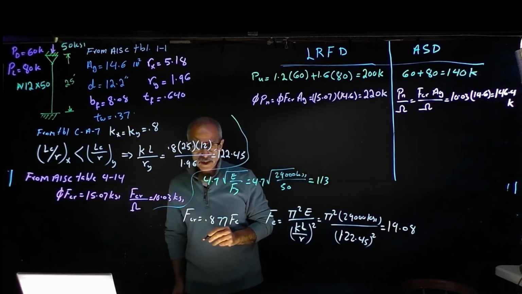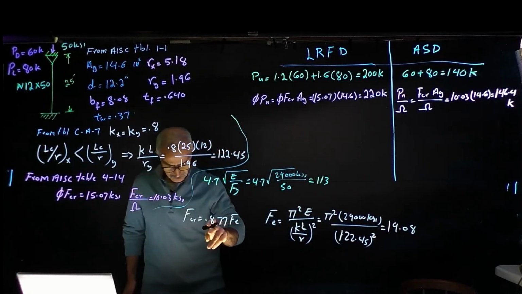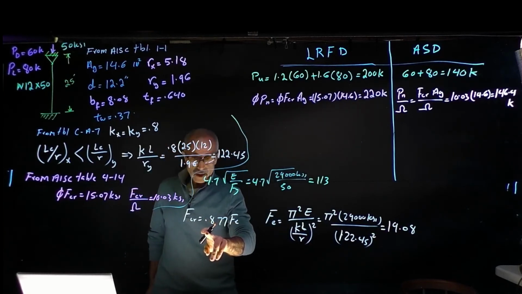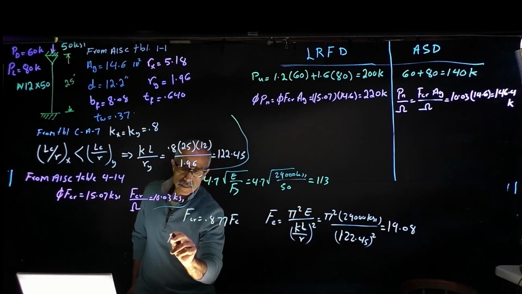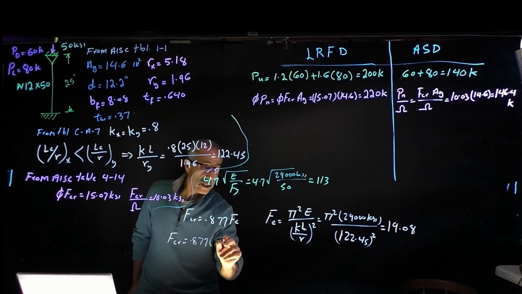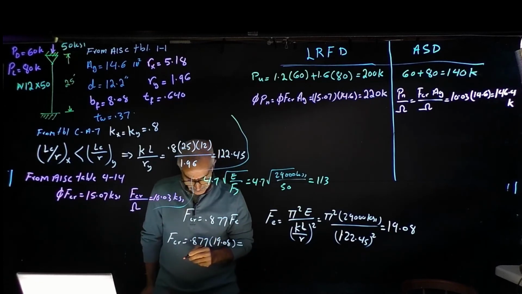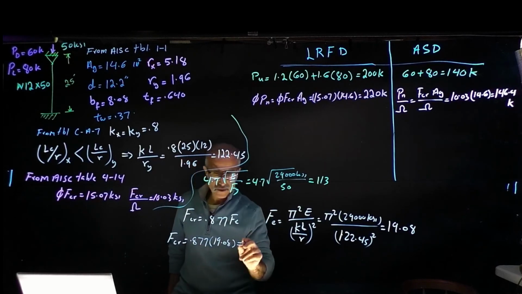Okay, so now we have 19.08, and our critical stress is going to come out to 0.877 multiplied by 19.08, and that gives me 16.74.